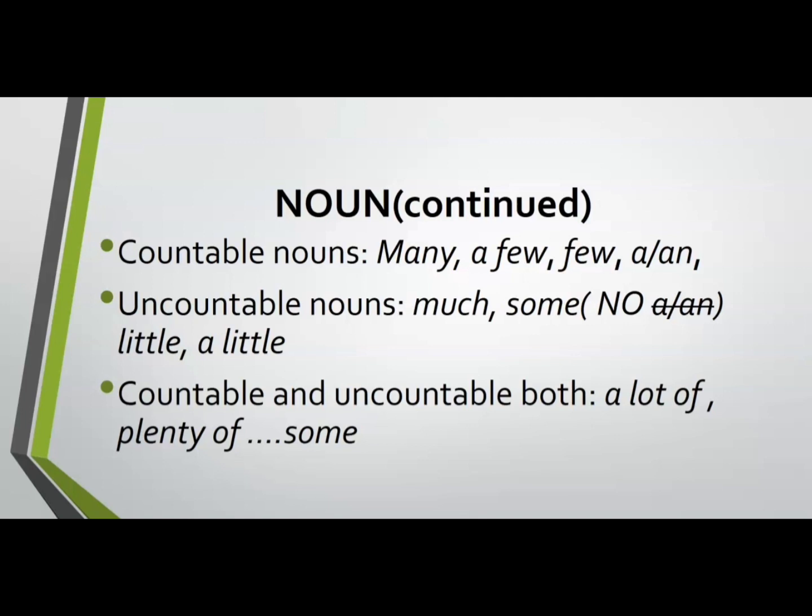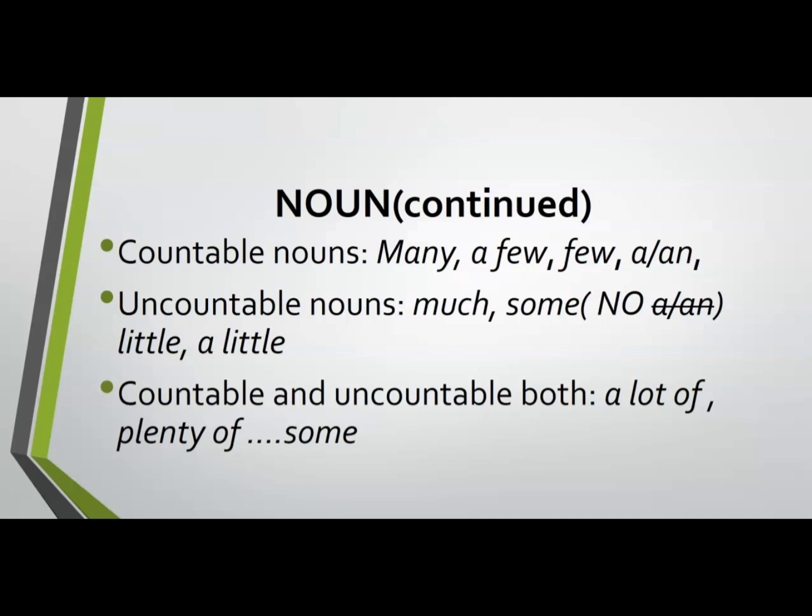Uncountable nouns, when we use an uncountable noun, there are certain words we use with that. I'm sure you know that we use much with uncountable nouns. For example, there isn't much milk in the fridge, or there is some milk in the fridge. But we never use a or an with uncountable nouns. So we don't say there is a milk in the fridge.